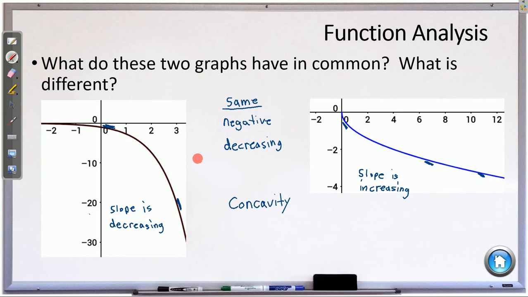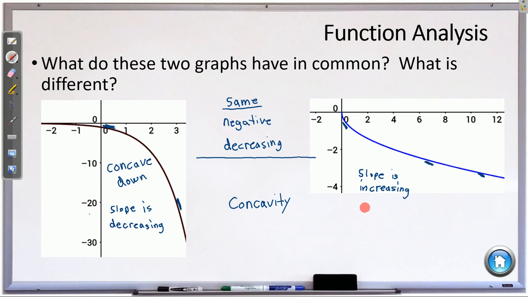Okay, these are no longer the same. Concavity. This curve here, think of the cave as pointing down. The cave is facing down. This is concave down. It'll become pretty easy to recognize when your curve is opening downwards.